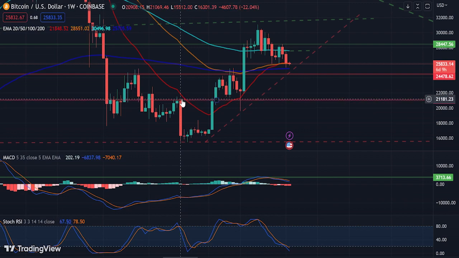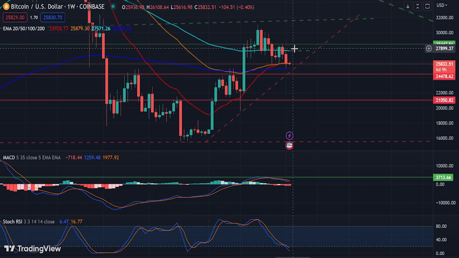It finally broke out of this big candle from November 7, 2022. I think that was the FTX crash. So if we don't break higher anytime soon, we might be seeing Bitcoin go down between 20k to 24.5k. So keep that in mind, guys.